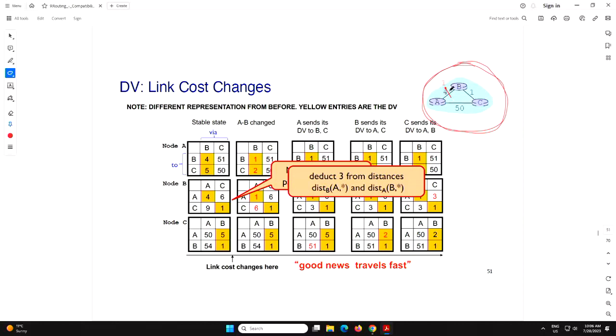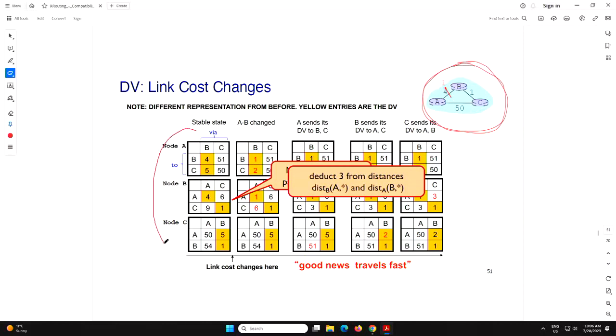So this link, and it's bidirectional, so from A to B the cost is 4, and from B back to A is also 4. Similarly, from B to C is 1, and going back from C to B is also 1, right? And this one is 50.